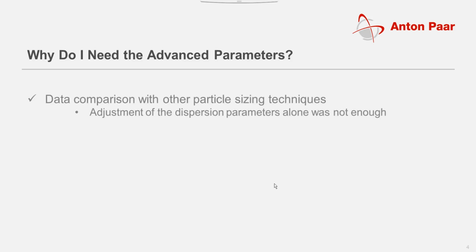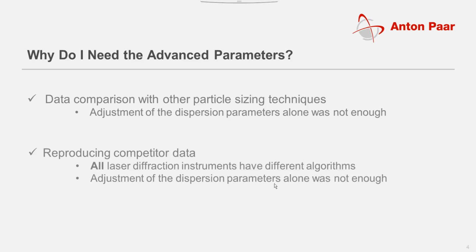The advanced parameters could be helpful whenever you are asked to compare our PSA with other particle sizing techniques, and the adjustment of dispersion parameters alone was not sufficient. You can also use the advanced parameters for reproducing competitor data. The first step in case of reproducibility issue is always the adjustment of dispersion parameters.